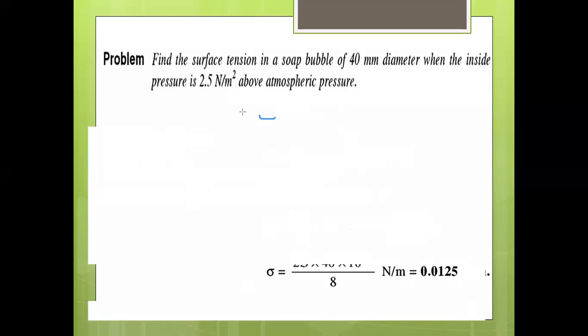Inside pressure is 2.5 Newton per meter square above the atmospheric pressure. Above the atmospheric pressure. Solve this one.